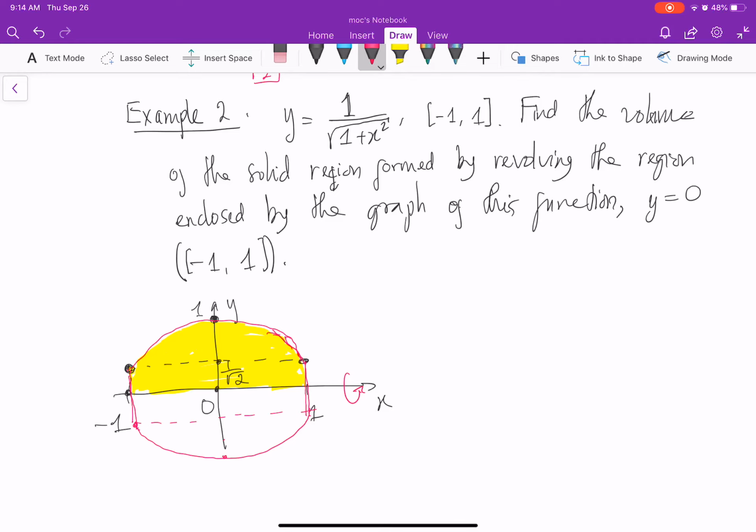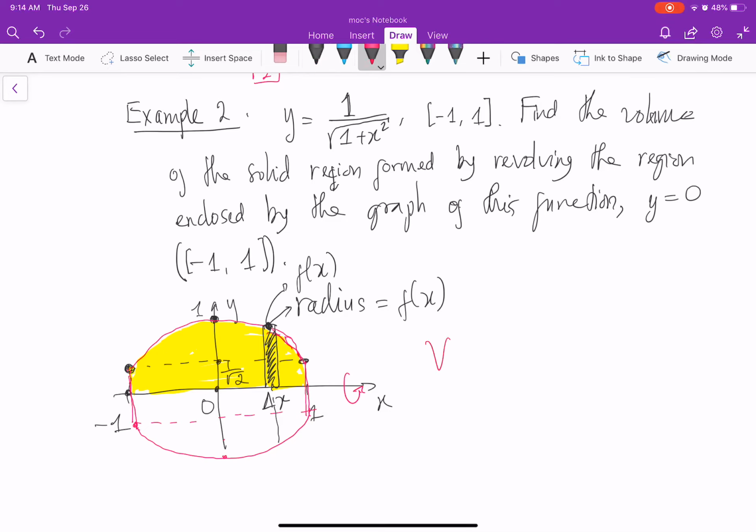Now let's use this method, right? In order to use this method, I will make a cut. This is my cut, and this is delta x. Of course the radius is equal to f of x, right? Because this is f of x. So now we can write the formula.